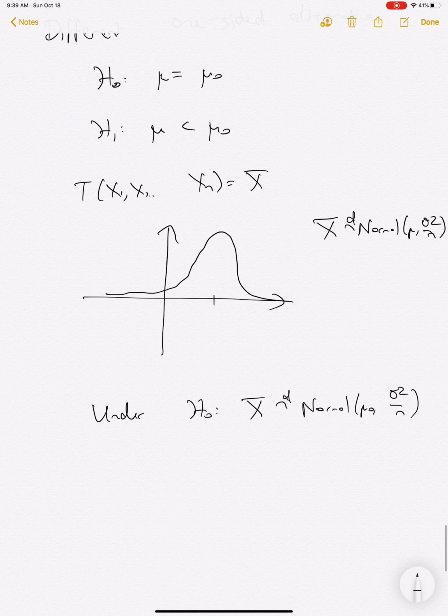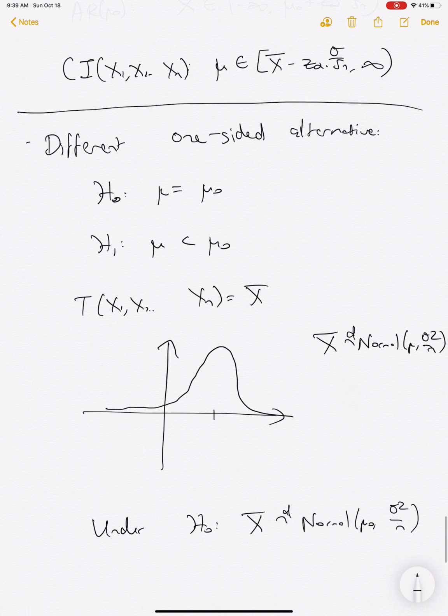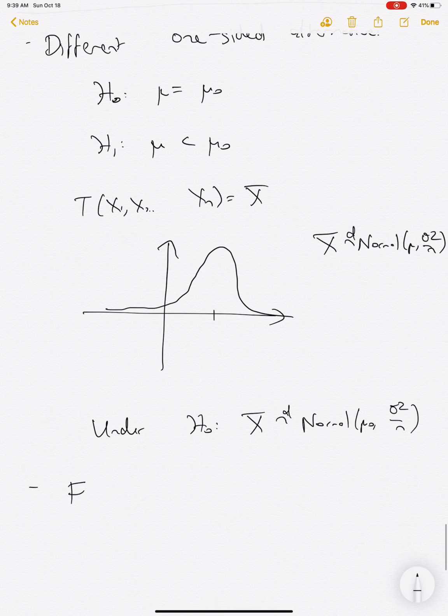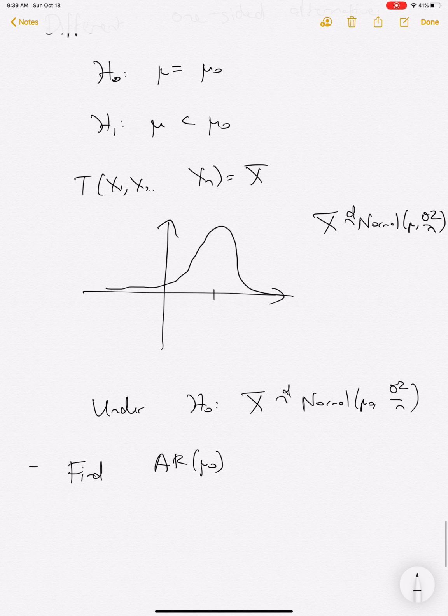Okay, and so if we want to find the acceptance region of mu 0 in this case, clearly we're going to reject or accept H0 depending on whether it's a larger value.